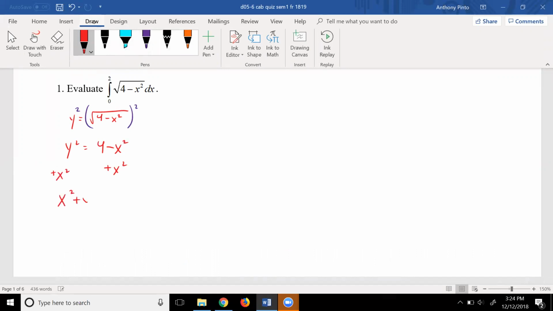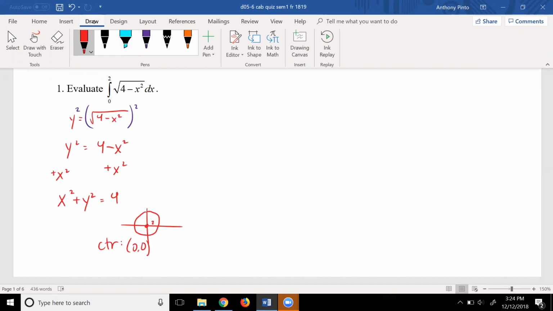And we get x squared plus y squared equals 4. And you should know that this is a circle centered on 0, 0. And in addition to that, the radius is equal to 2.